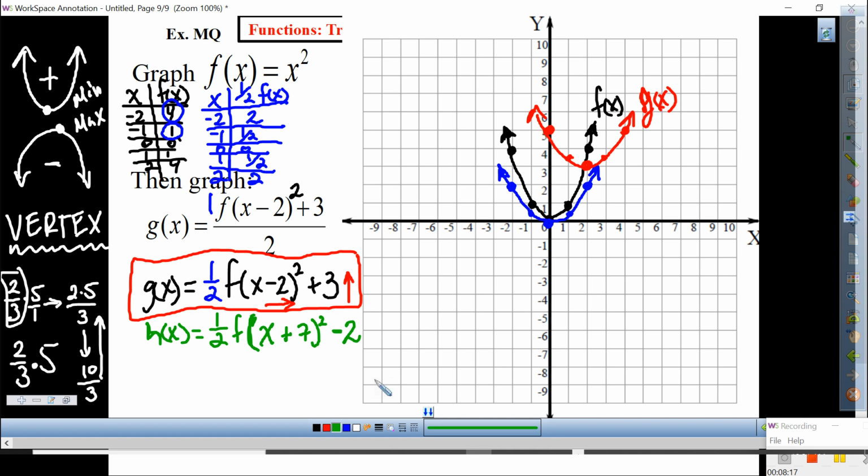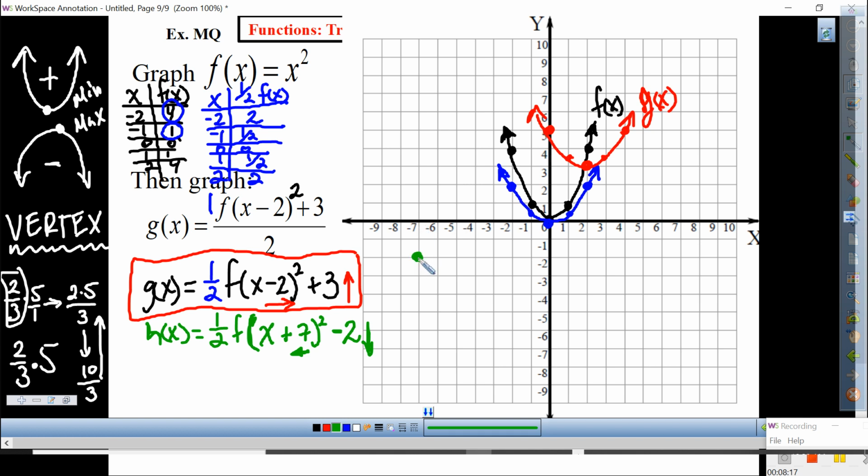All right. So where are we moving the blue one, Lexi? 7 left. So draw your arrow to the left and 2 down. That is correct. So let's move these 5 points, but I said to start with what? The vertex. So this one. So we start 7 left, 2 down.